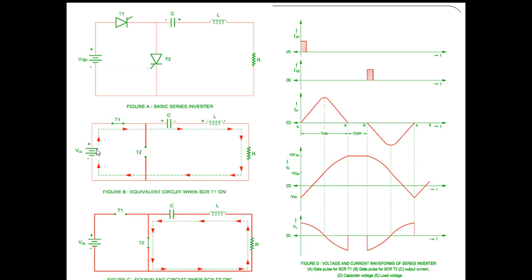Current will flow from the battery DC source positive terminal. Thyristor T1 is acting like a short circuit. By neglecting on-state voltage drop, it is acting like an on switch, and the capacitor charges with this polarity, and current flows through the inductor and load. In this closed path, the current will flow.